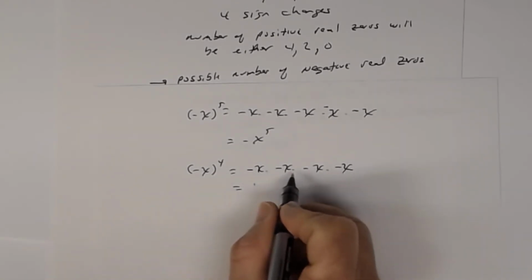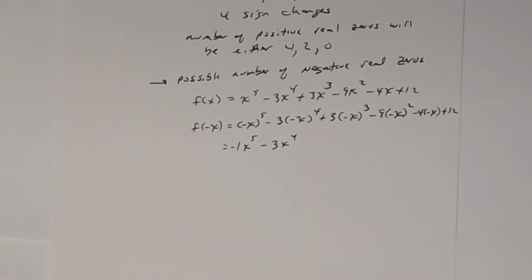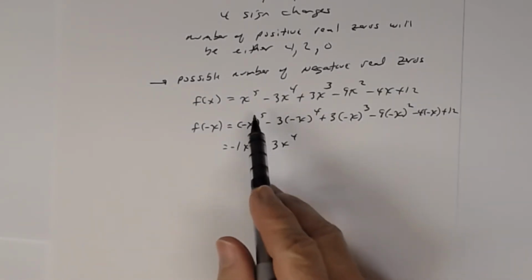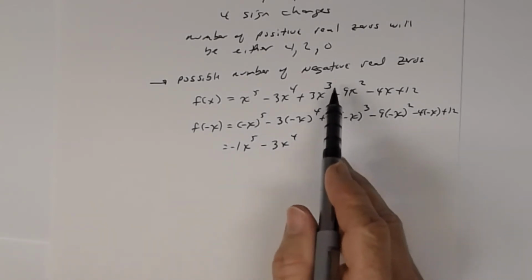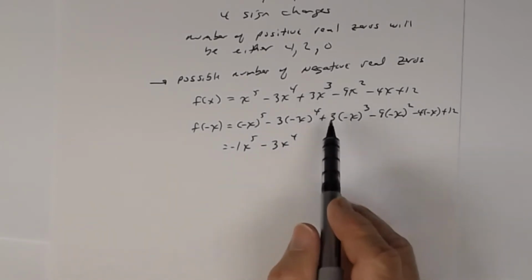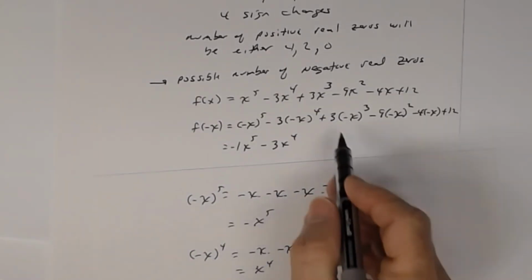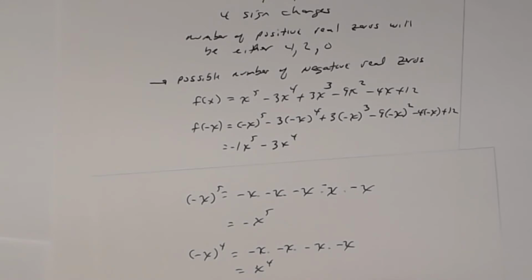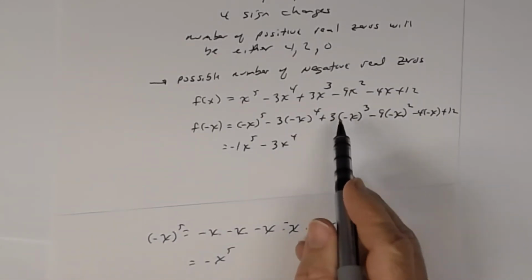And x times x times x times x is x to the 4th. All right? And then using that same idea, see, this is odd, right? So positive 3 will become a negative 3. And it kind of makes sense because look, see where I have 3 times negative x cubed right here.